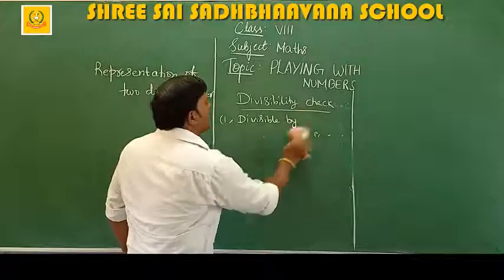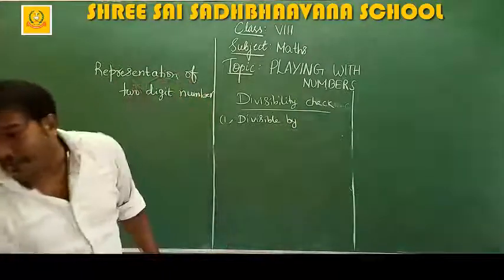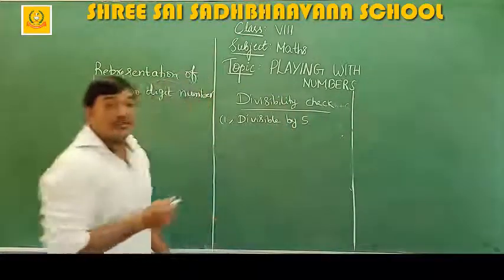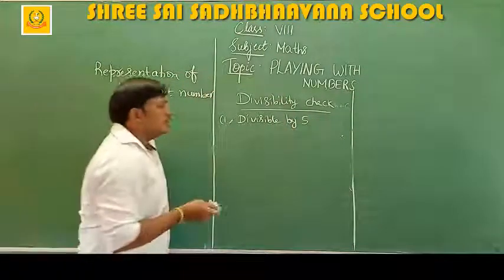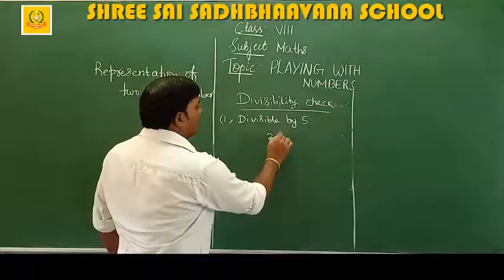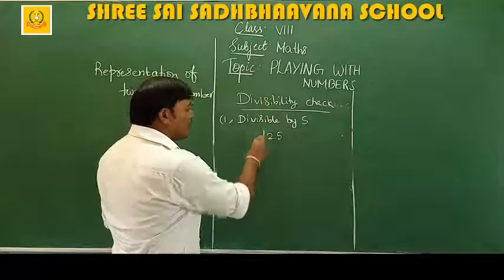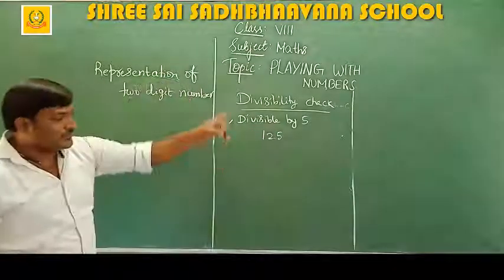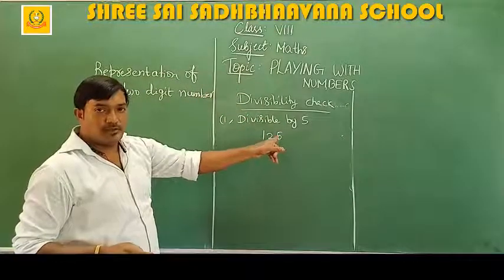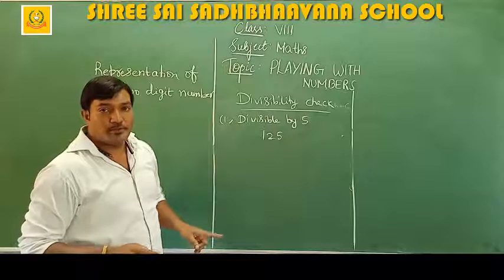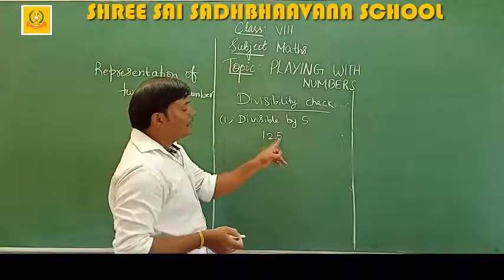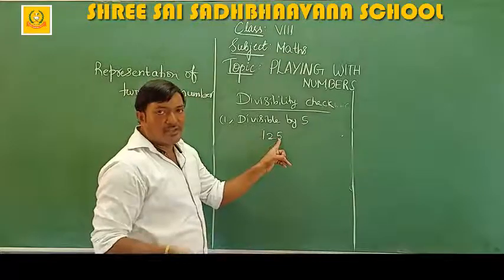Next, we will check divisibility by 5. How do we check whether a number is divisible by 5? Here also it's the same thing, we just take an example and explain. Take 25, or you can take 125, a 3-digit number. Here, see the last digit. You have the number 5. And we know that if you divide 125 by 5, it is exactly divisible.